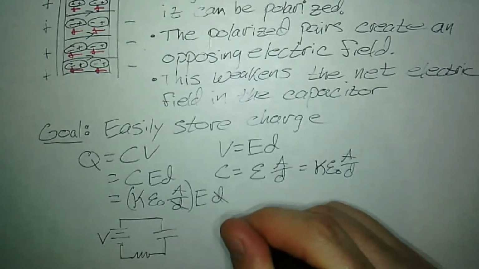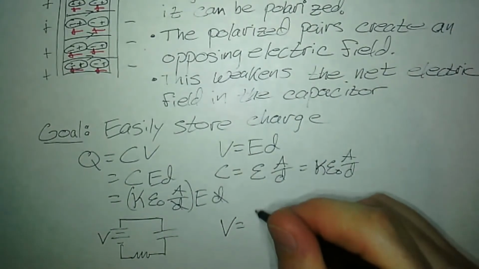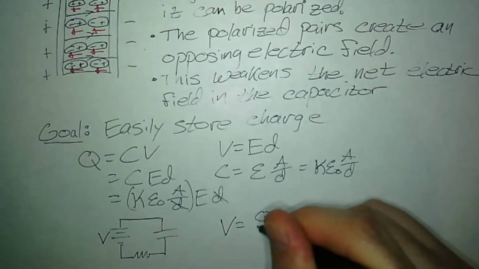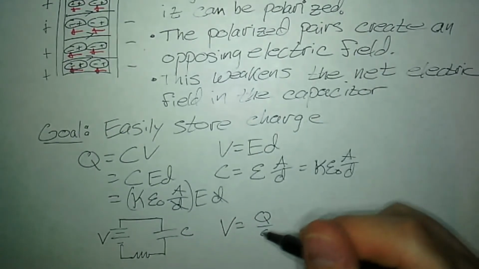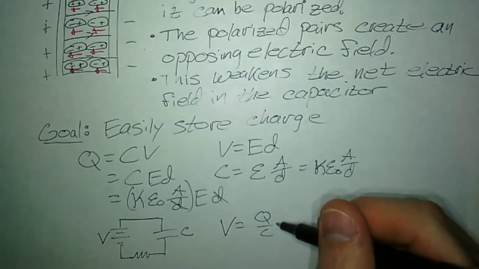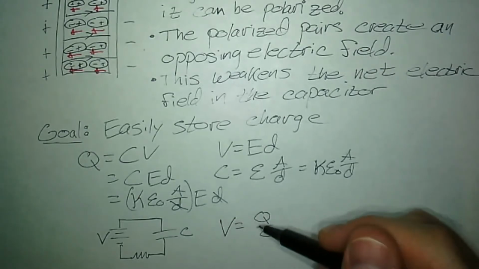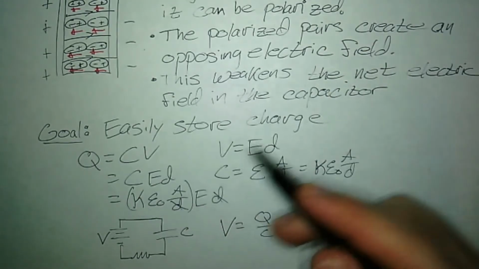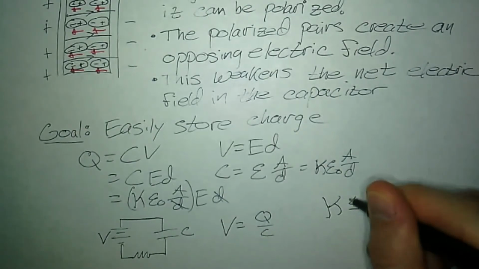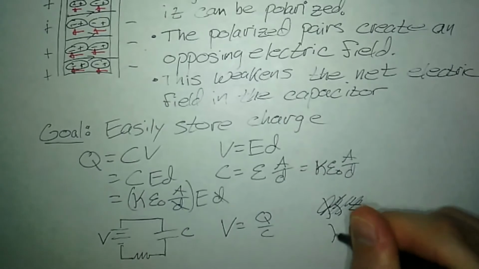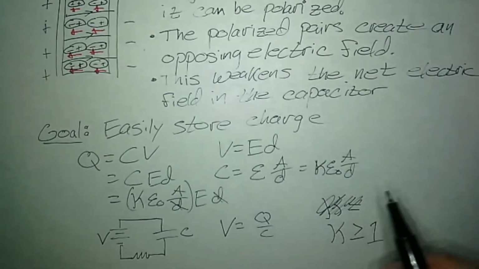So let's say V equals Q over C for when the capacitor is fully charged, right? Now this V is fixed. So in putting the dielectric in there, I've caused this kappa, which is, wrong way, kappa is greater than or equal to 1, always.